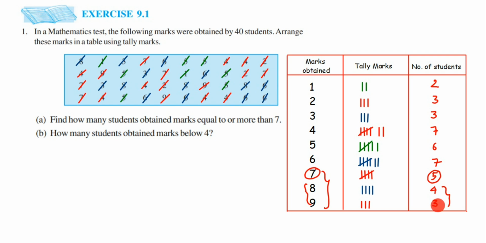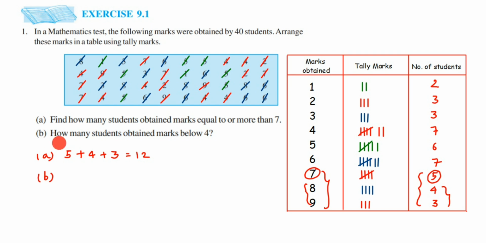So we have to add these numbers. 5 plus 4 plus 3 is equal to 12. This means 12 students obtained marks equal to 7 or more than 7.